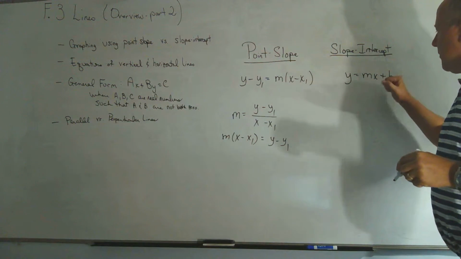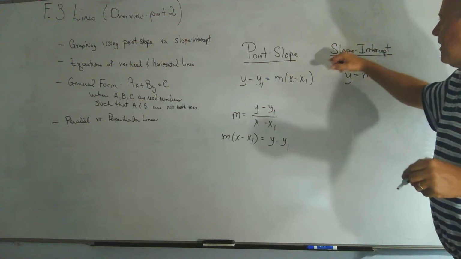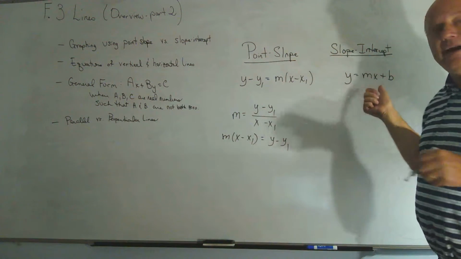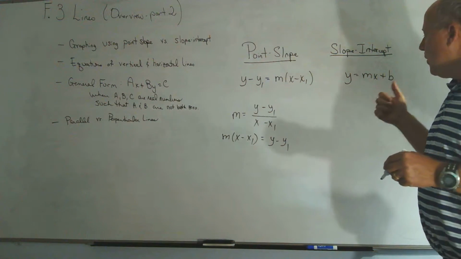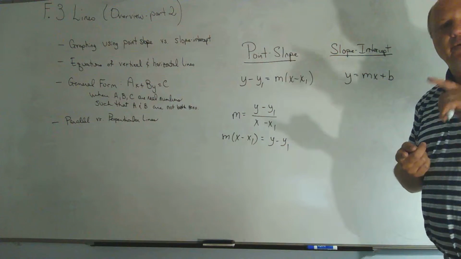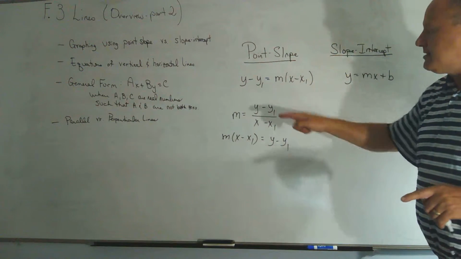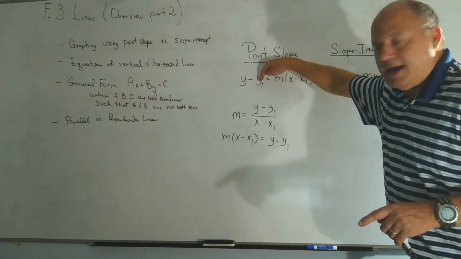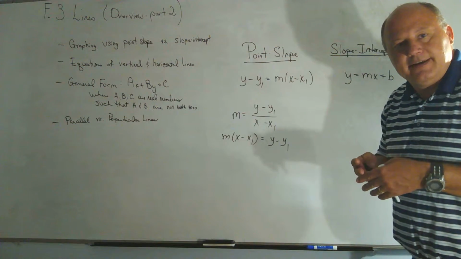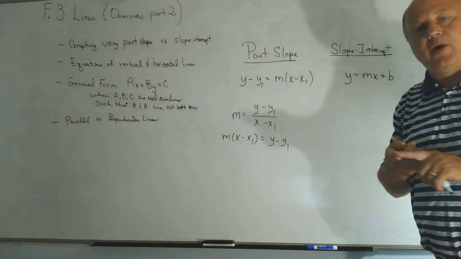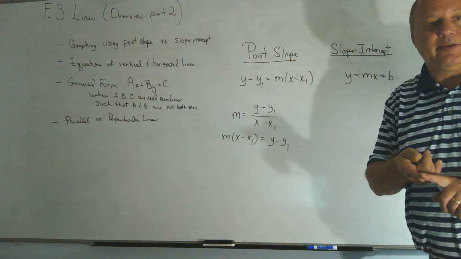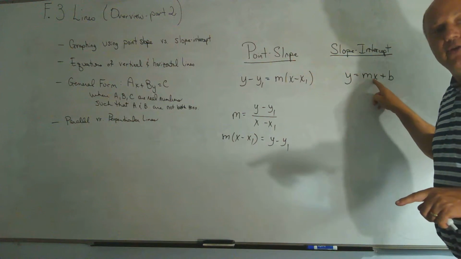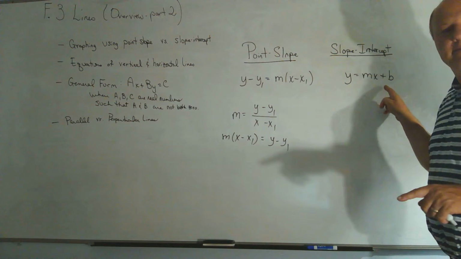So you're like, well, you said a while ago that you always use slope-intercept and you don't use point slope. Well, the b can be found. When you know a point and you know a slope, like this one does, instead of putting the x coordinate here and the y coordinate here and doing the math, what you do is you put your x, y coordinate that you know, the point, not necessarily the y-intercept, into this x and this y, you'll have the slope and solve for b.